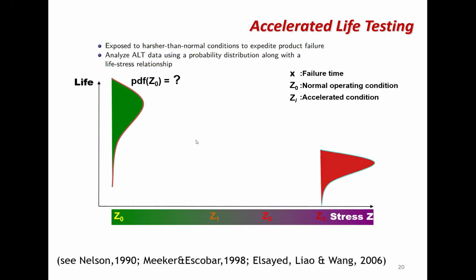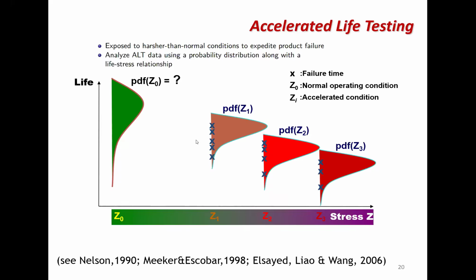So what I can do is expose some test units to higher, actually more severe conditions. Let's say in this case Z1, Z2, Z3 are more severe than Z0, which is the normal operating condition. Because the conditions are more severe in the test environment, I can collect some failure times, with censoring of course. Then I build an accelerated life testing model and extrapolate the probability density function, the failure time distribution of the product under Z0. So this is the basic concept of accelerated life testing.